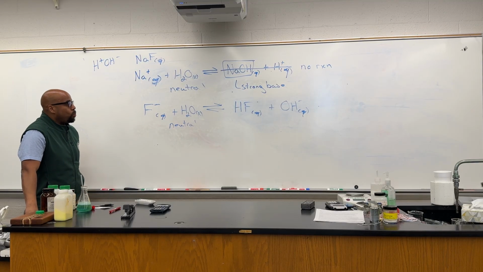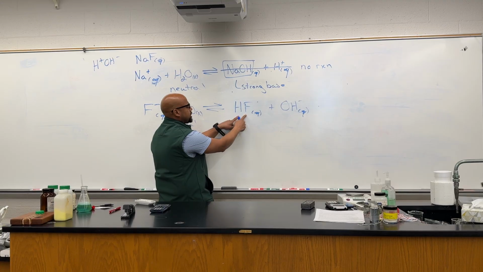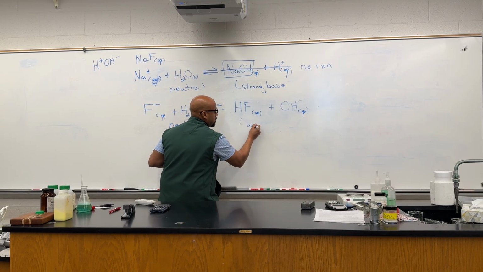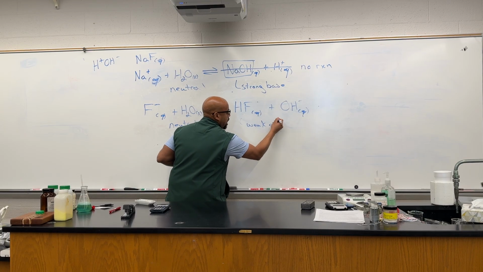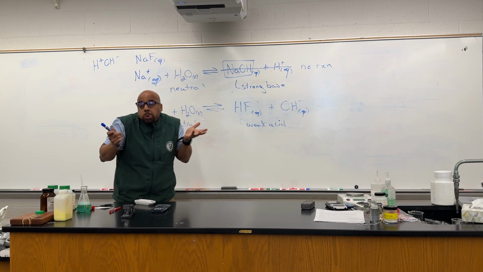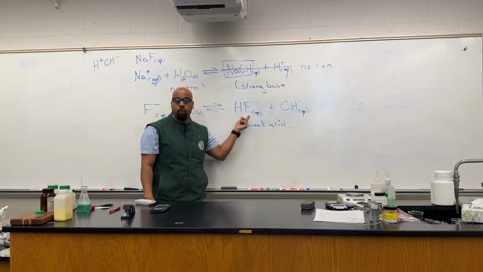And if you look at it, what I can see here is this. Is this a strong acid? No, it's a weak acid. And when we think about weak acids, they dissociate to a certain degree, but we also can exist just like this right here, which means this is acceptable.